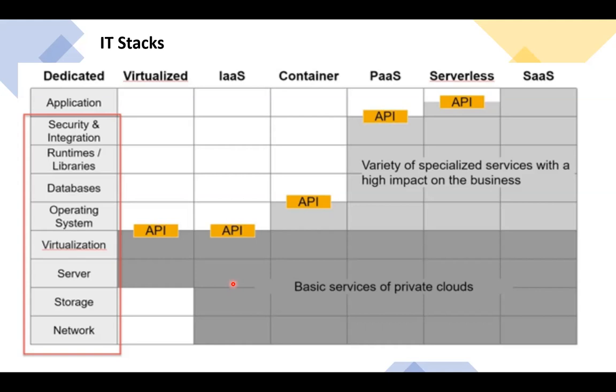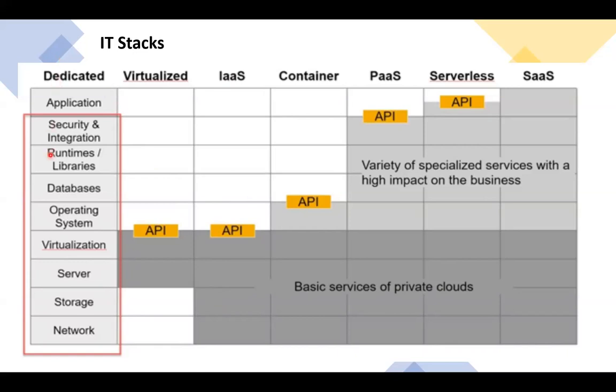If you look at this IT stack, we have the columns here: dedicated, virtualized, IaaS, container, PaaS, serverless, and SaaS. These are all the types of IT stacks where the customer is facilitated to subscribe and run their business. If you look at these dark gray and light gray lines, they're not fully across the table. They stop at some point on each IT stack.